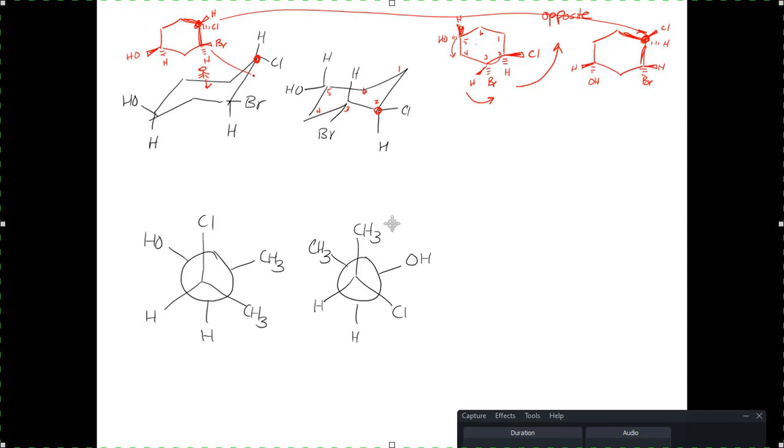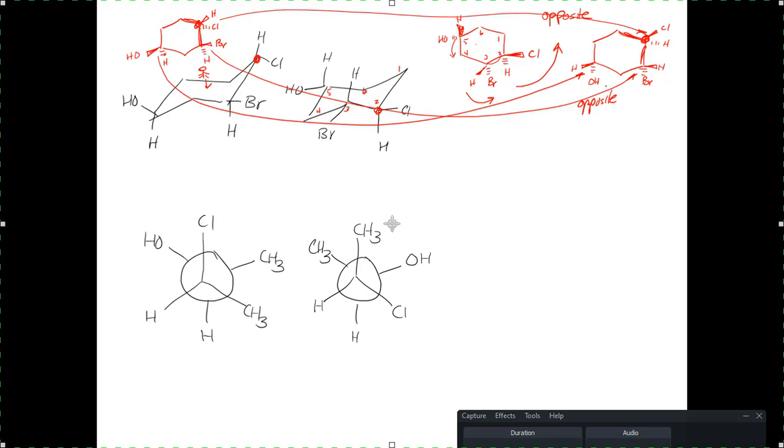Down here, this carbon versus that carbon. How many group switches would I have to do? I just have to do 1. I'd have to switch those 2 groups once. That would make them opposite. How about this OH group to this OH group? What would I have to do there?